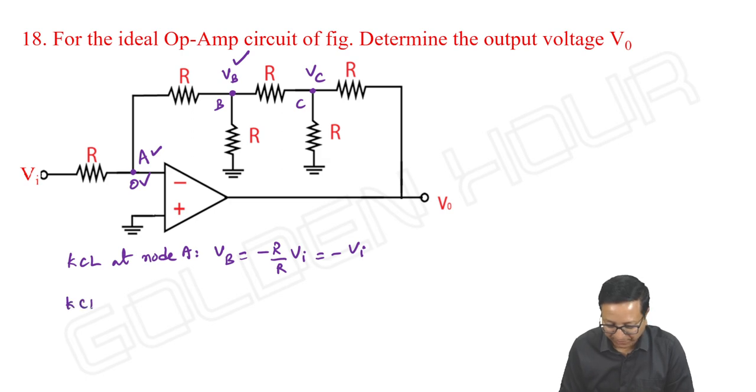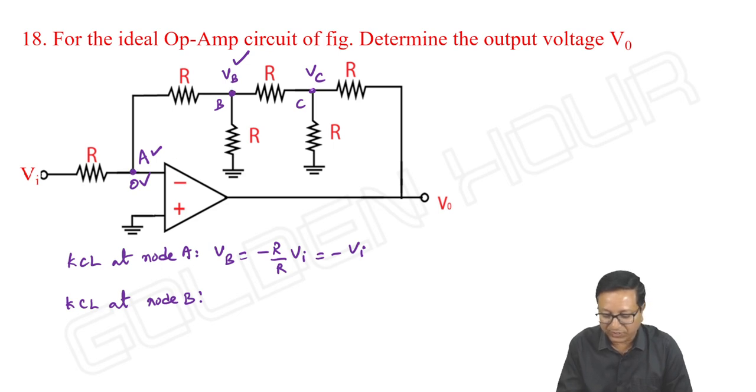Just I'm writing KCL at node B. What it gives us, by taking this node equation, we can get the voltage at the next node. See, I know this voltage and this voltage. What is unknown? This voltage. So by taking this node equation, we can find the unknown node voltage VC.